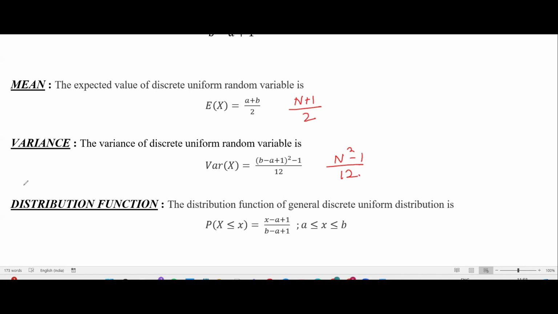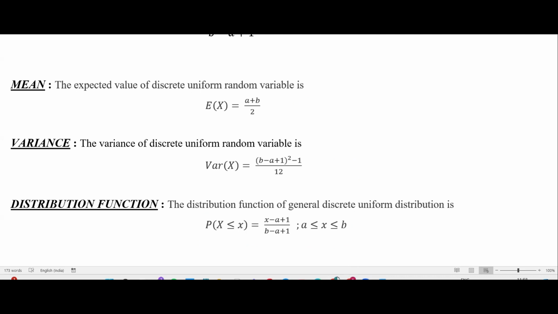The distribution function is given by P of X less than or equal to x, which is this formula. So we have already done the mean and the variance. You can consider the last lecture for the same. If it is not n or 1, you can just put a and b and you can calculate the mean and the variance. It's similar and it's very easy to calculate.